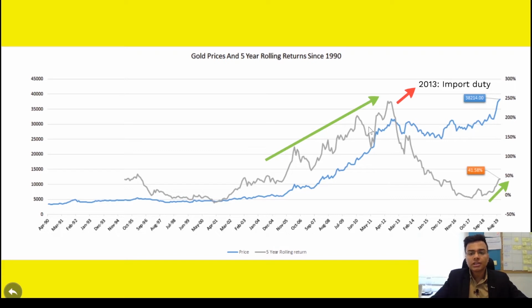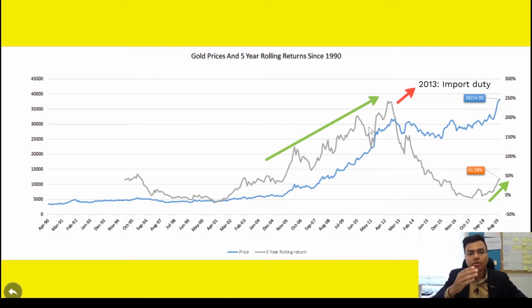What are rolling returns? See, first, you need to understand how rolling returns are calculated. Suppose today is 30th December 2019, and if I want to calculate the rolling return from today, then I will compare the price of gold on 30th December 2019, that is today, with the price of gold on 30th December 2018.